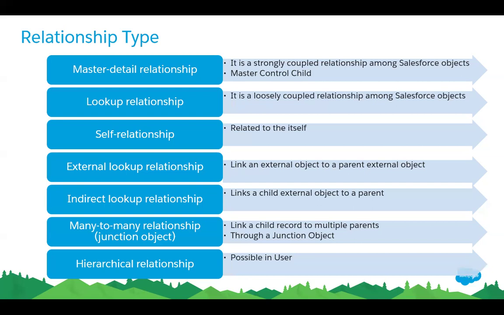No. Likewise, if you delete the student here, will that impact the department? No. So deleting one object is not impacting another object, that is lookup relationship. If deleting one object is impacting the other object, then that is master detail relationship. That is strongly coupled relationship. This is loosely coupled relationship because there is no strong bond.